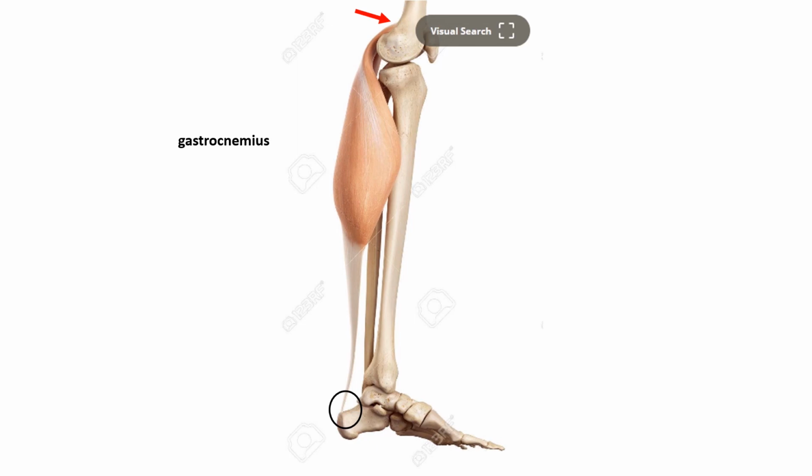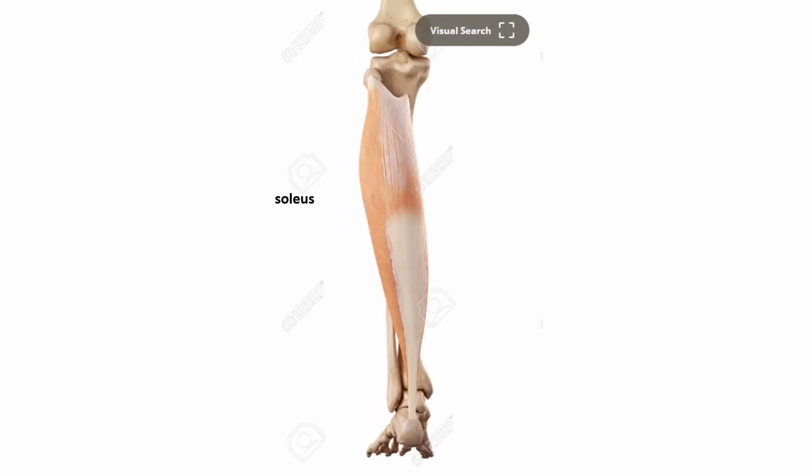And in which region am I looking? It is the posterior compartment of the leg, below the knee, and I can see a muscle named soleus. Is this the most superficial muscle in this region?